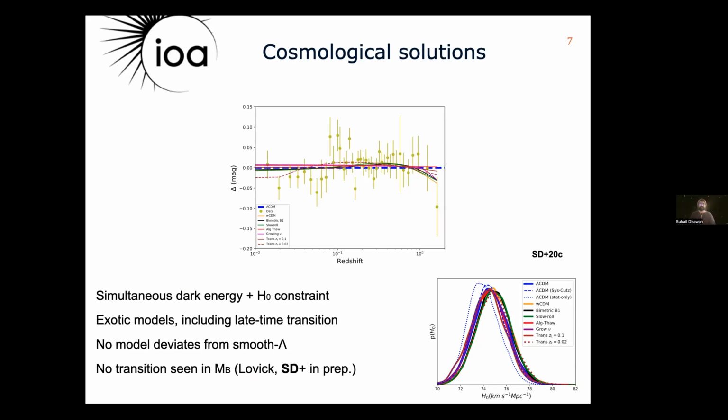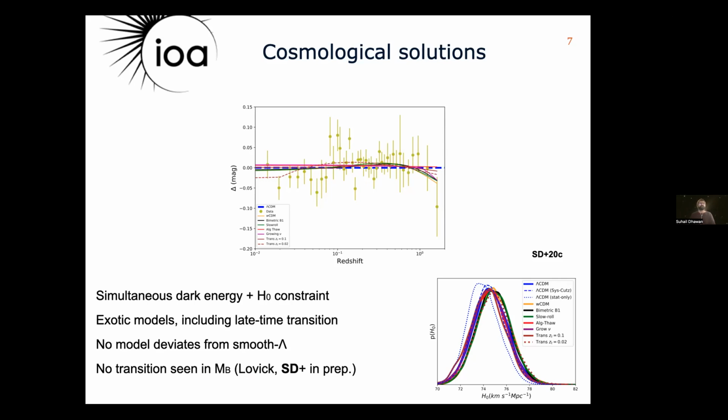We find that the differences are extremely small, and all of the models are converging to their lambda CDM, w equals -1 limit. Therefore, none of the exotic cosmologies in the late universe, including models that have a transition in the late redshift universe, can explain a sizable part of the tension.